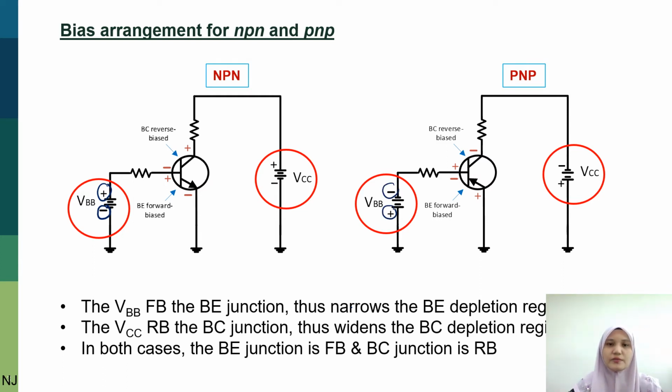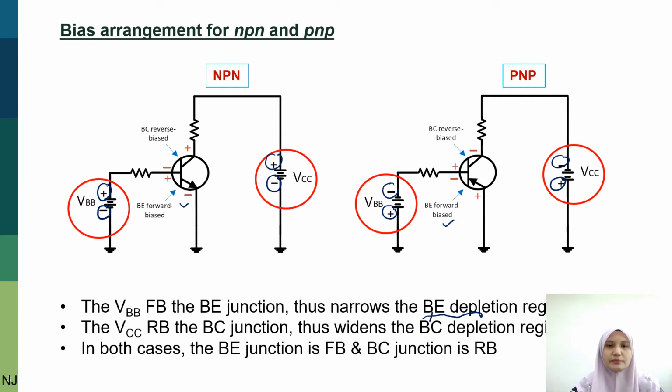For the VCC, for the NPN it is minus plus, and for the PNP again it is plus minus. The polarity is different, but for both types, the VBB forward biases the BE junction, which narrows the BE depletion region, and the same goes for the PNP.